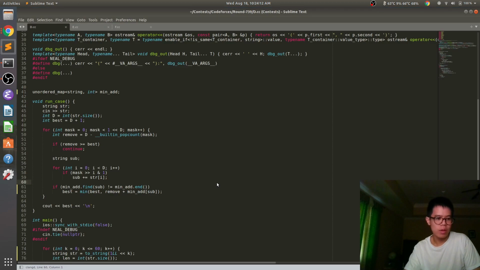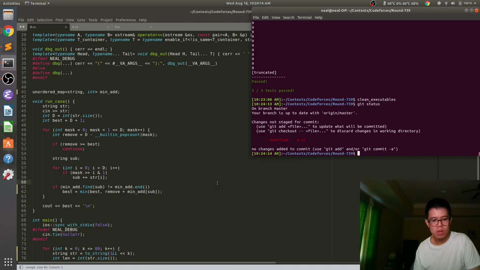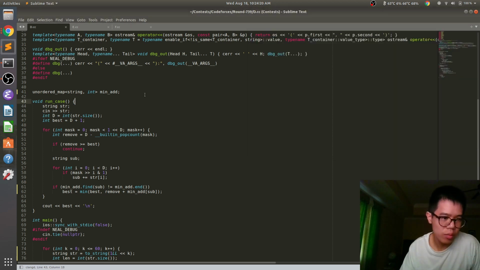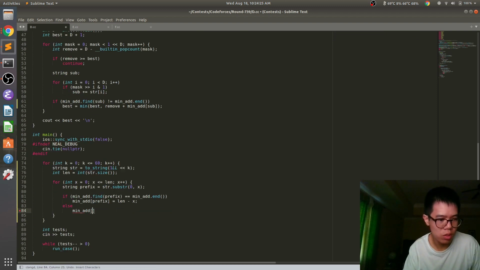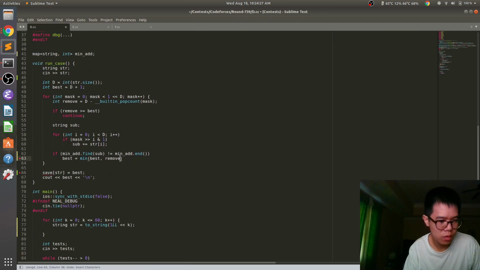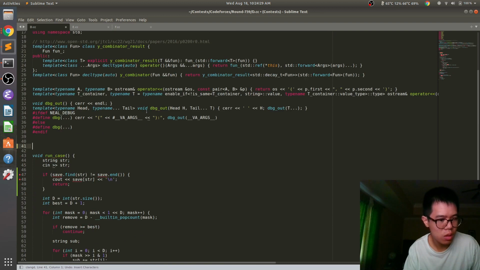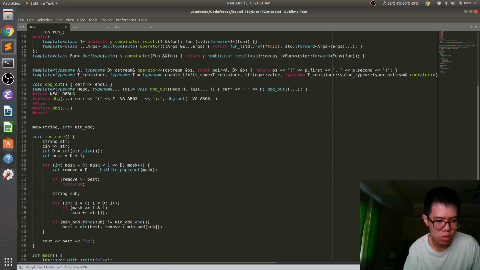Okay, so the best version of the solution is to stick with the powers we had. Actually, we don't need powers at all. We can just generate them.